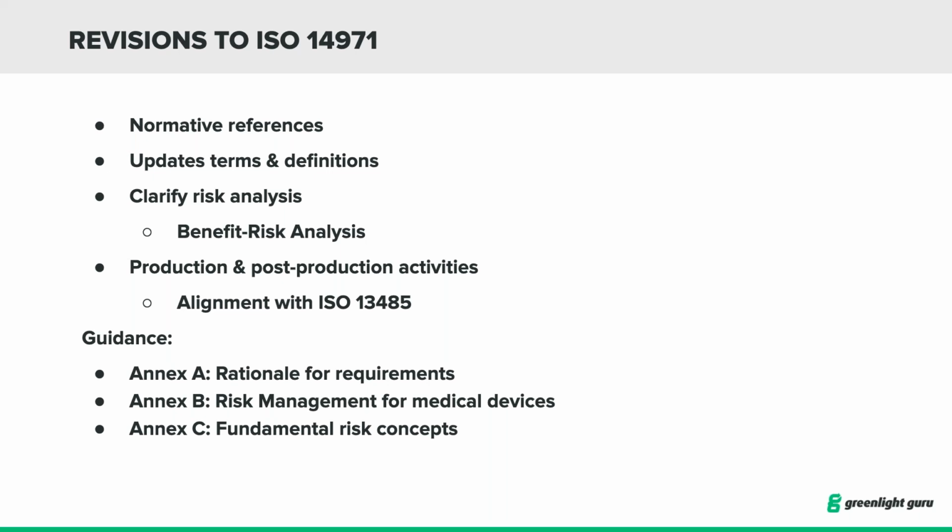Now, one caveat to that is even in 2020, I still see a lot of companies that struggle to align with 14971. I talked about FMEA a few moments ago. And don't mishear me, there is a point in time where FMEA is a very valuable tool, but it is not 14971.